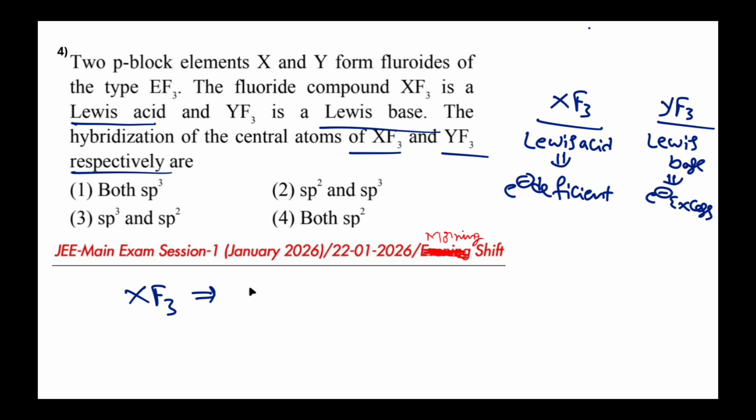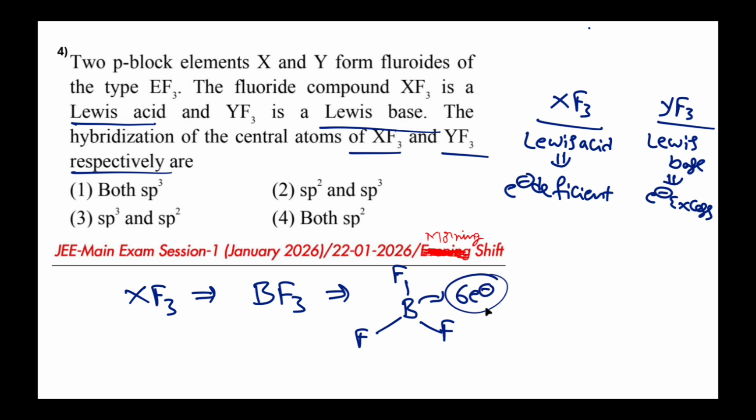So in XF3, X is electron deficient. The central atom is nothing but the BF3 molecule. In BF3, boron forms 3 bonds with fluorine atoms. Boron has only 6 electrons, less than 8, so it does not follow the octet rule. This is electron deficient.